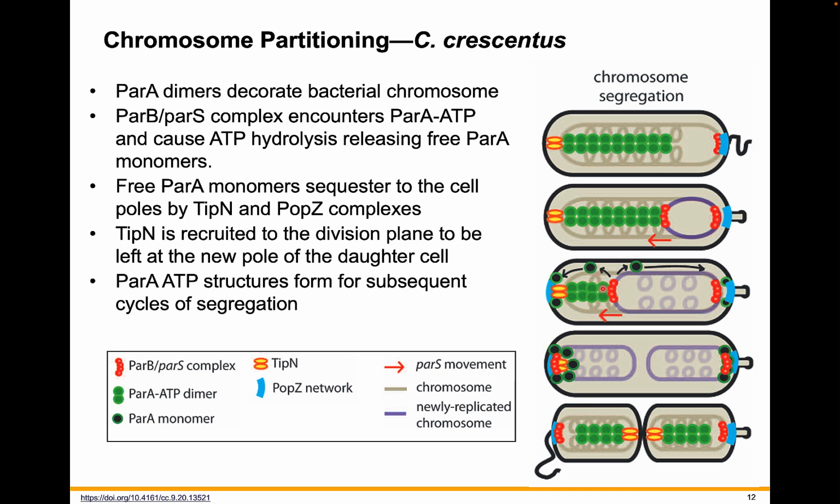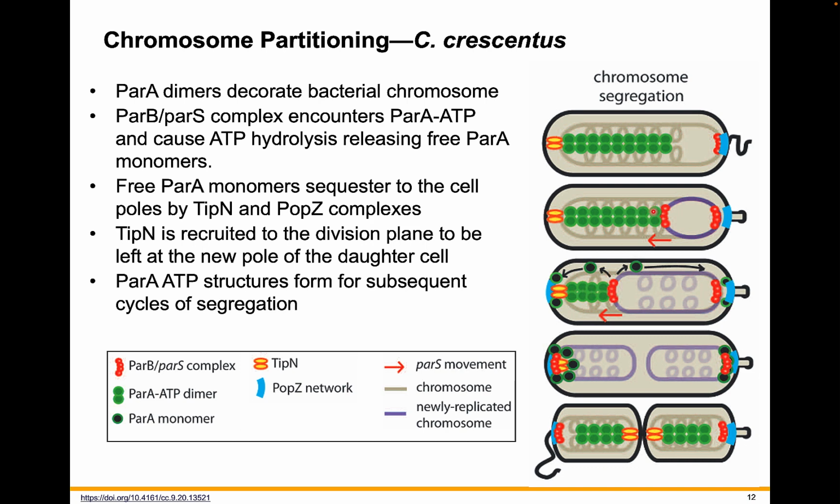So these are ParA-ATP in dimerized form, and when they are dissociated, they become ParA-ADP. Depolymerization happens, and as the depolymerization happens, this essentially shrinks and pulls this ParB and the chromosome towards the side.